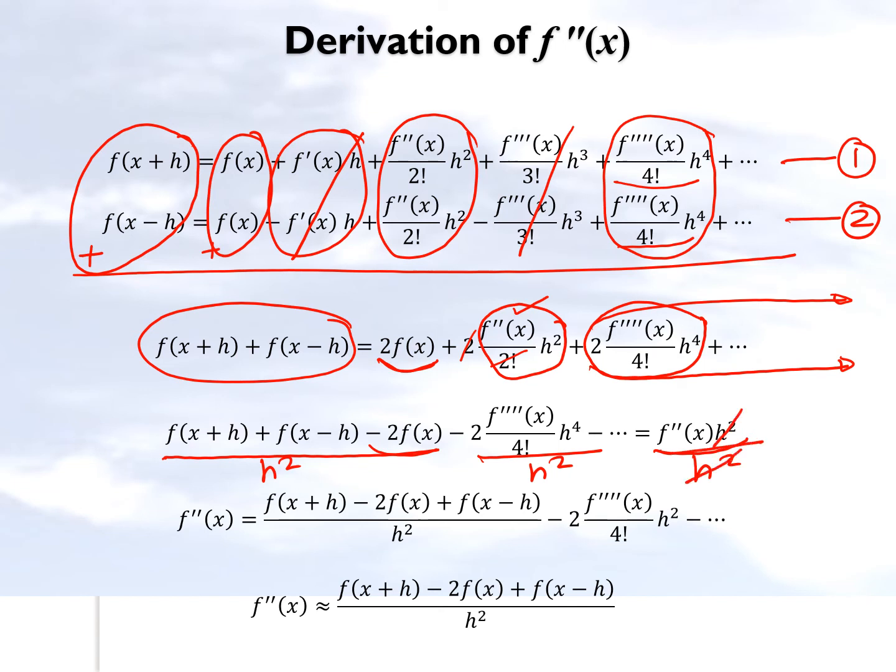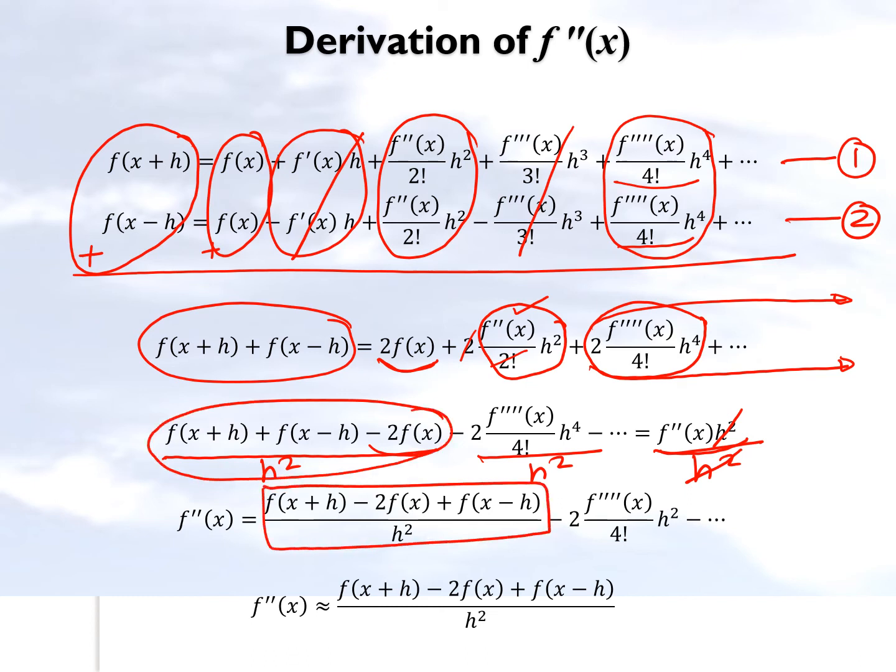This one cancels. This one right here gives me this part of the expression, while this one here, h squared will cancel with h to the power 4, give me h squared, and that's why you have the h squared term right here. And so this term here becomes the formula for the second derivative of the function.